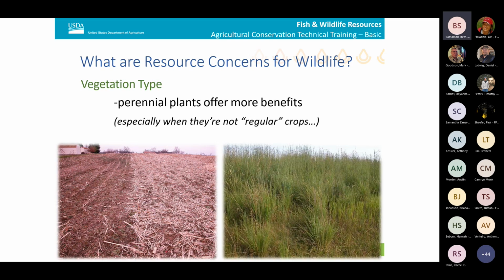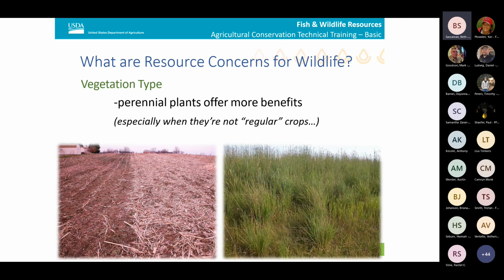So then we talk about vegetation type, and perennial plants offer more benefits than annual plants do, than regular crops, because it's long term. And typically we are going to recommend native species over non-native species. So typically for grasses, we're looking at warm season grasses as opposed to cool season grasses like orchard grass and timothy. We're looking at Indian grass, switchgrass, big bluestem.